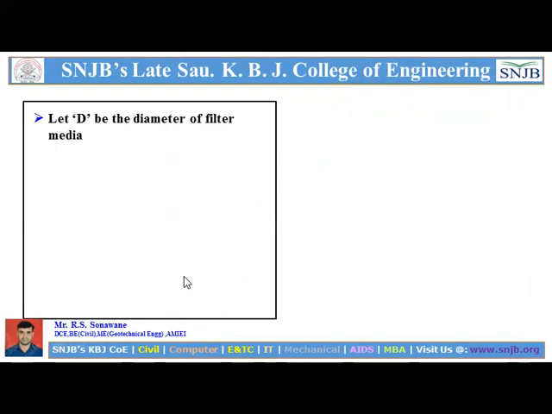Now in the second step we are calculating the dimension, and you know that in any circular section in a sewage treatment plant, it may relate to the depth, width and height. So first let D be the diameter of the filter medium. For any circular section, the area A is equal to pi by 4 d square.